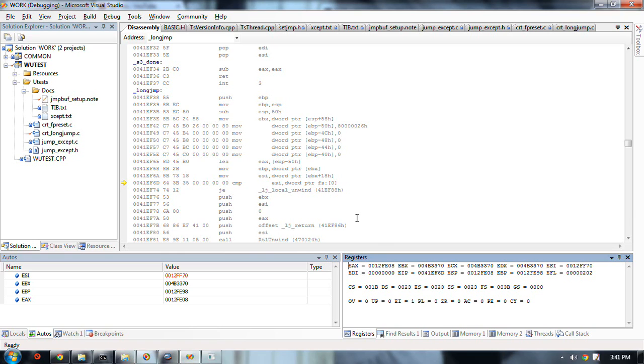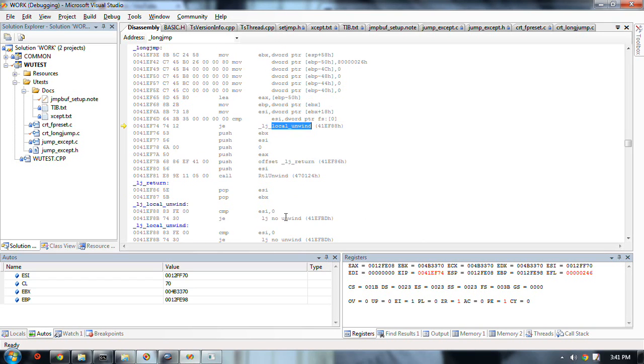If they're equal, and they will be equal in this case, then we go to something called local unwind. Now this is what got me confused. Unwind what? I mean, how are we going to unwind anything in a C program?